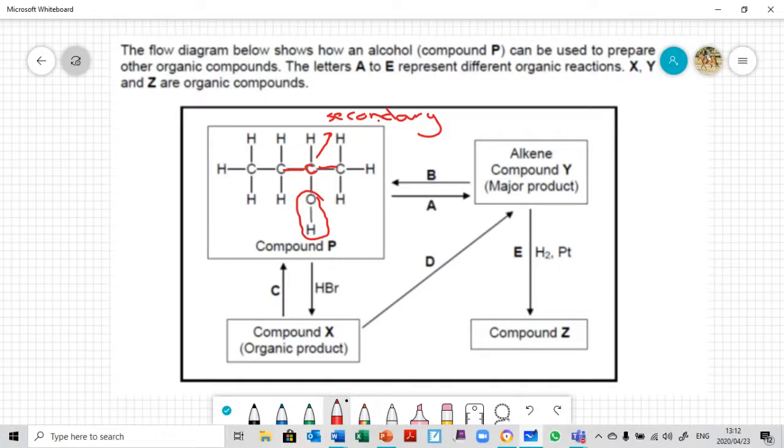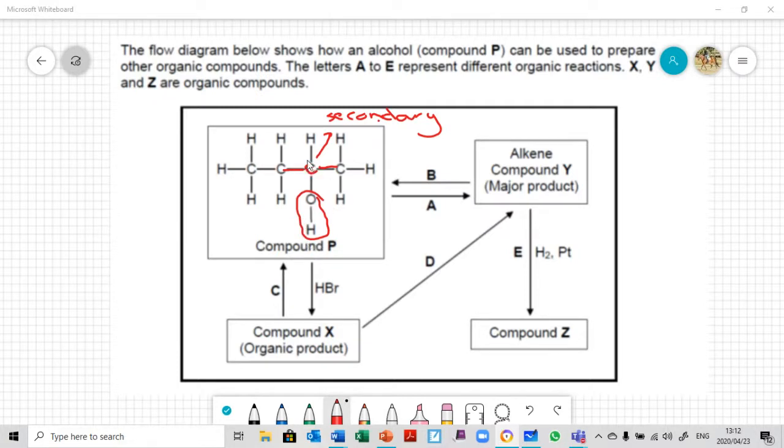Okay, so just to think about what it would have been if it was primary or tertiary. If it was a primary carbon, we would have been looking at this carbon here at the end. The carbon here at the end is only attached to 1 other carbon. So when I have an alcohol group on the first or the last carbon, 99.9% of the time, it is a primary alcohol.